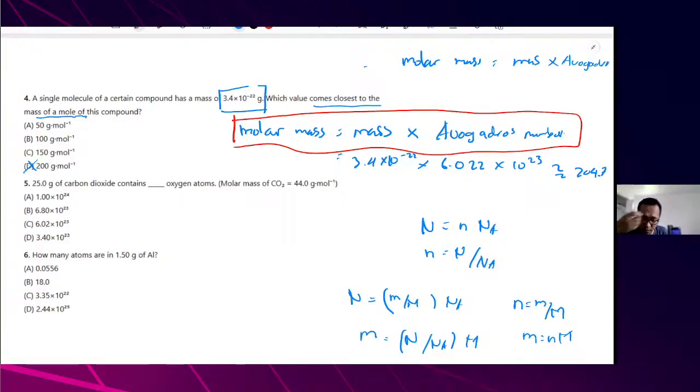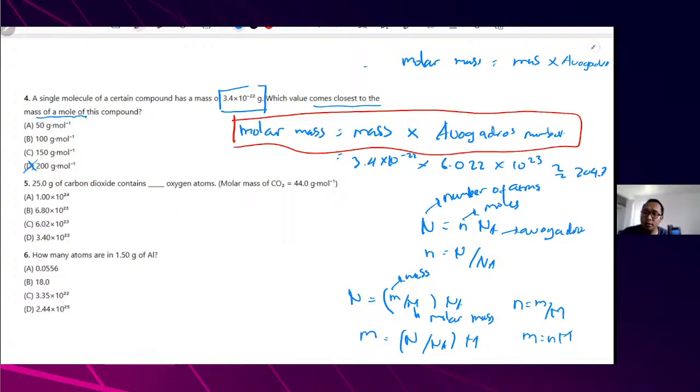Now we have a simpler concept. The big N is the number of atoms, and the small n is moles, and Na is Avogadro's number, and then small m is mass, and capital M is molar mass.